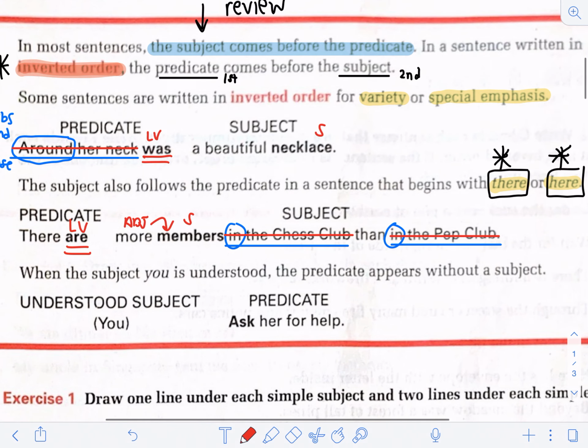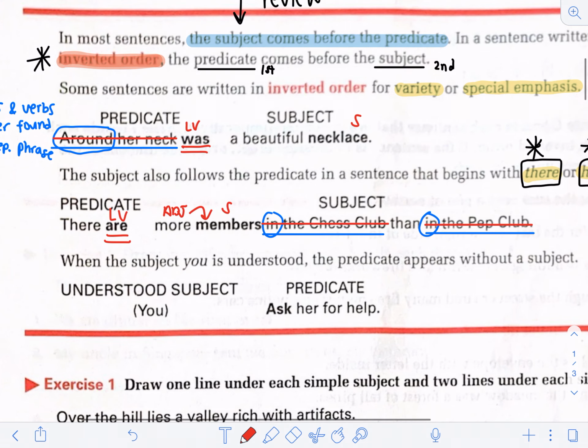So we know that more and then are not the subjects, members. Okay, more members. So if we flipped it around, more members are in the chess club than in the pep club.